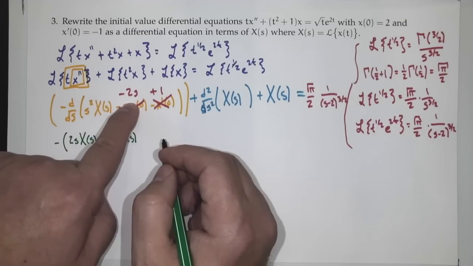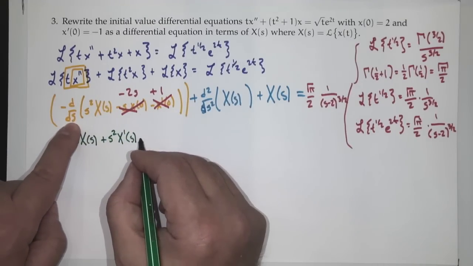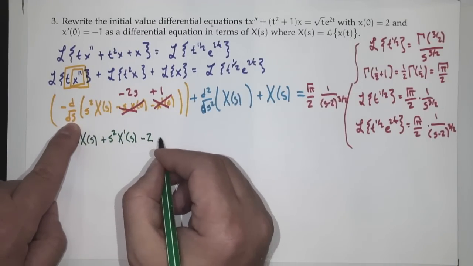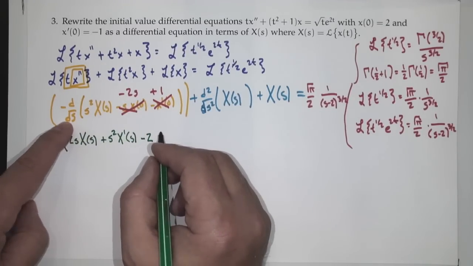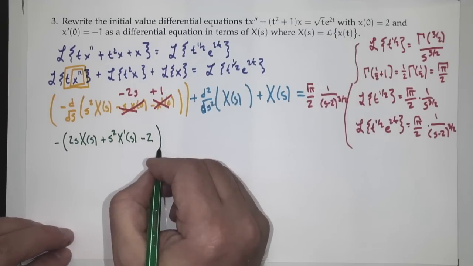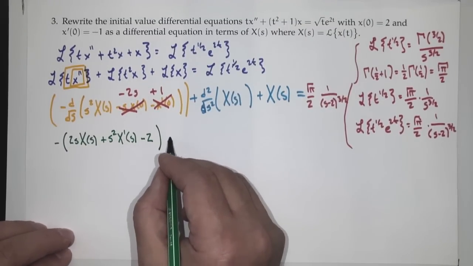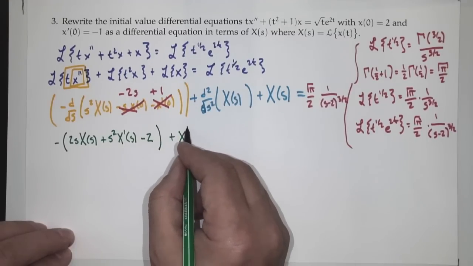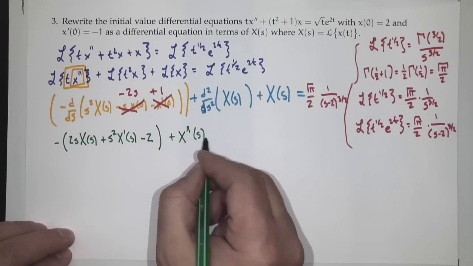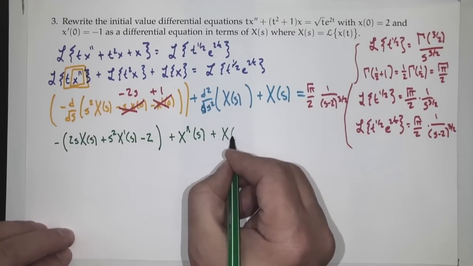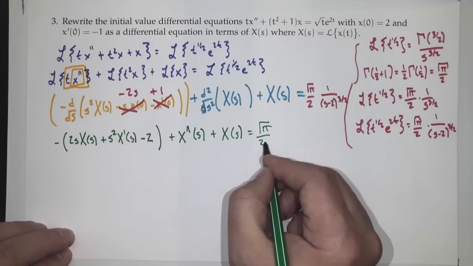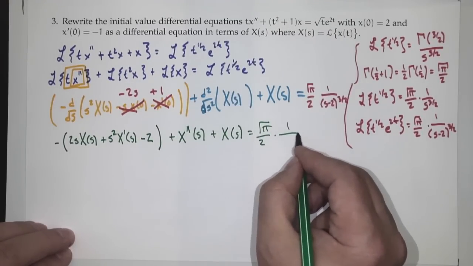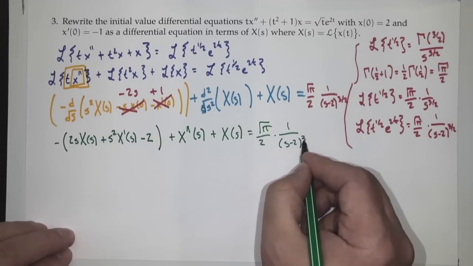What's the derivative of minus 2s with respect to s? Minus 2. Derivative of 1 with respect to s? 0. The second derivative. Well, that's easy. X of s, don't need to do anything there. And we have our right-hand side. Square root of pi over 2, 1 over s minus 2 to the 3/2.